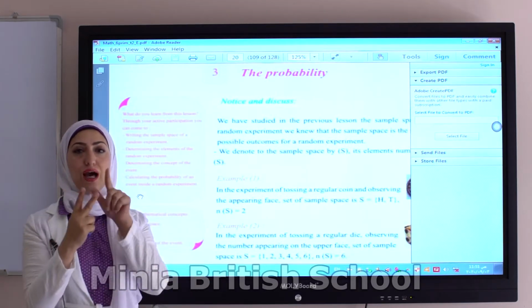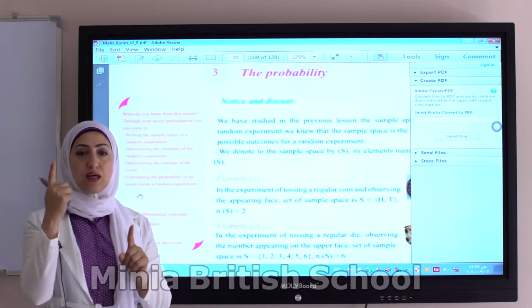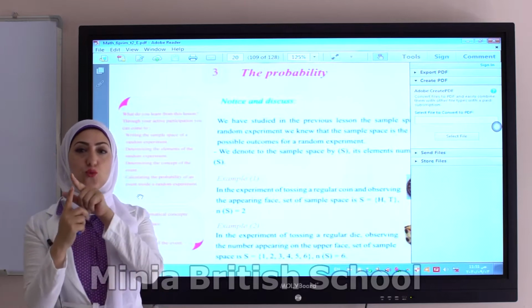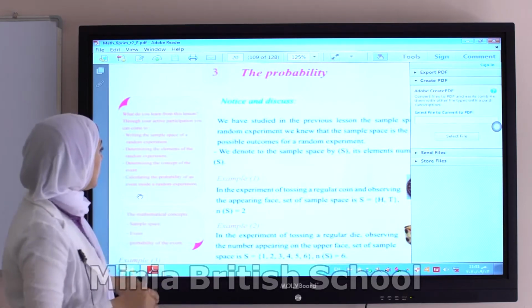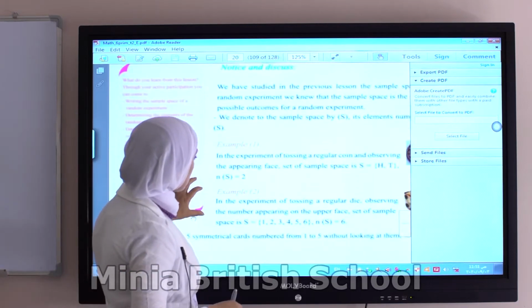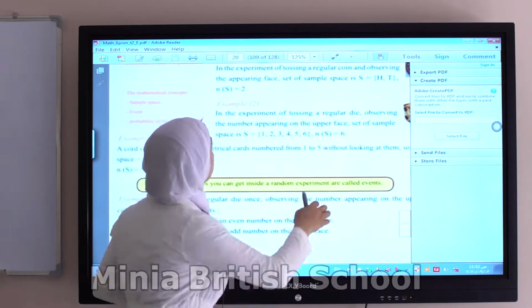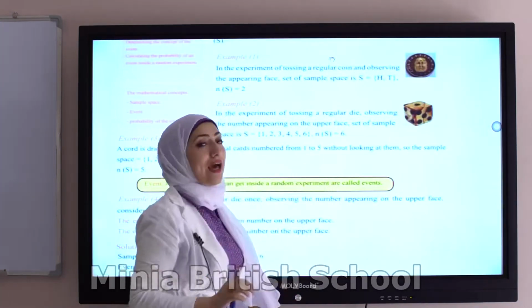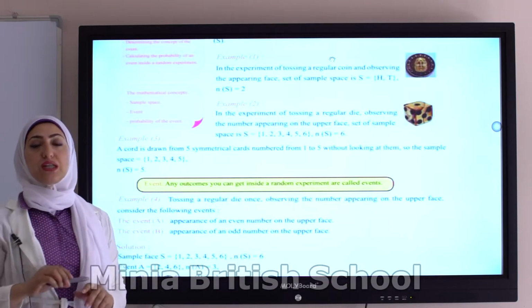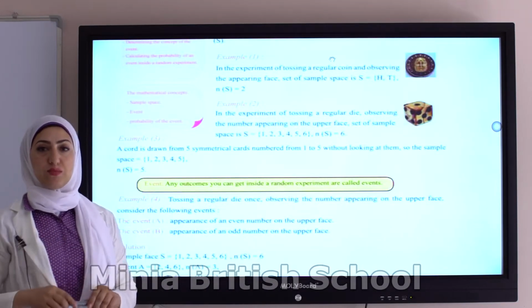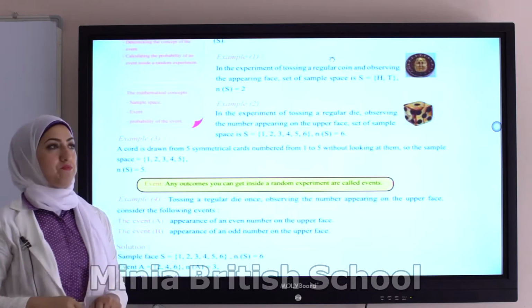I have only 2 outcomes and head is one of them. So it's 1 over 2. So the probability of getting head is 1 over 2 or half. The probability of getting tail is the same, 1 over 2.